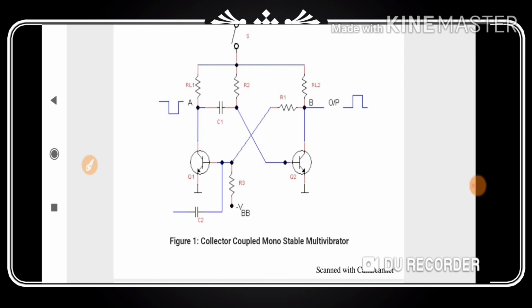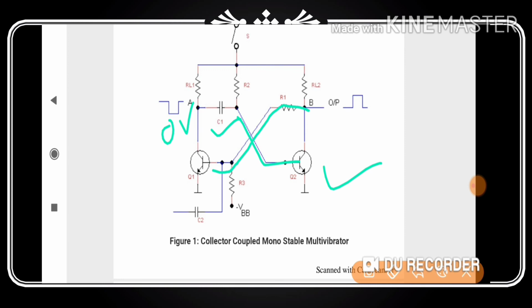As point A is almost at 0 volts, C1 starts to discharge through the saturated Q1 to the ground. As C1 discharges, the negative potential at the base of Q2 is pulled out of the cutoff region. As Q2 conducts further, a negative going signal from point B via R1 drives Q1 into the cutoff region.